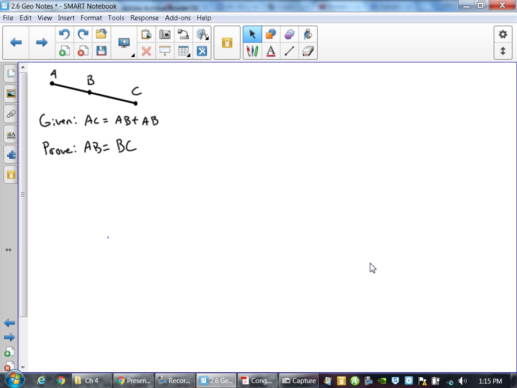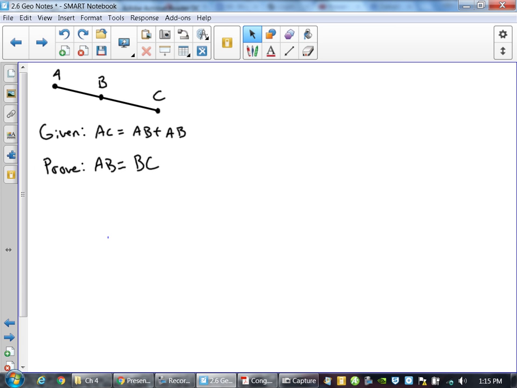So in terms of algebra and geometry, we start to mix them all together a little bit here. The very first thing you always do with any 2-column proof is to write down your given. In this case, we are given AC is AB and AB.